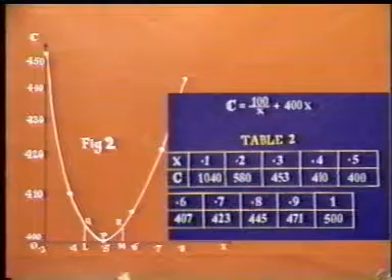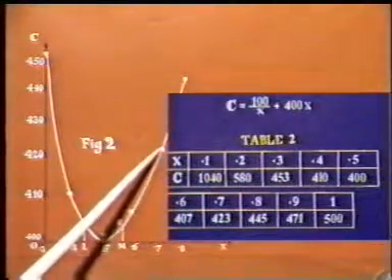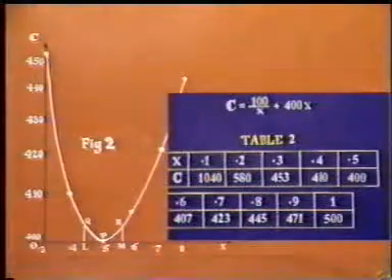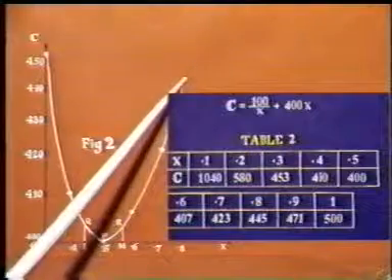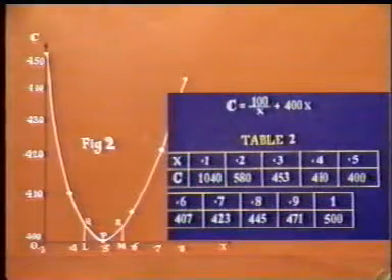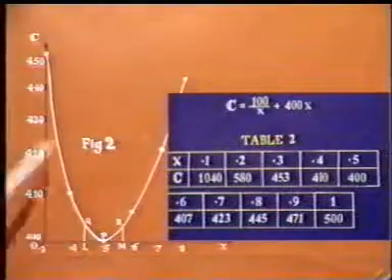At x equal to 0.7, the cost is 423. And at x equal to 0.8, the cost is 445. By joining these points, we obtain the curve of cost C versus x as shown in figure 2.